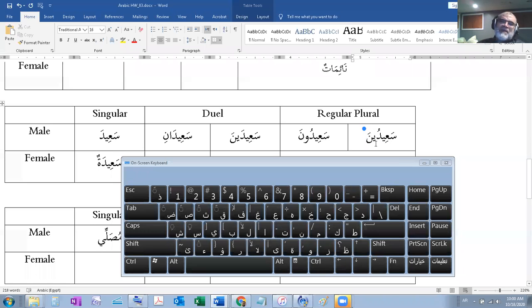And then the waw is preceded by a dhamma. The alif is preceded by a fatha. The waw is preceded by the dhamma. The ya is preceded by a kasra. So since this is ya, then it's preceded by kasra. This is waw preceded by dhamma.